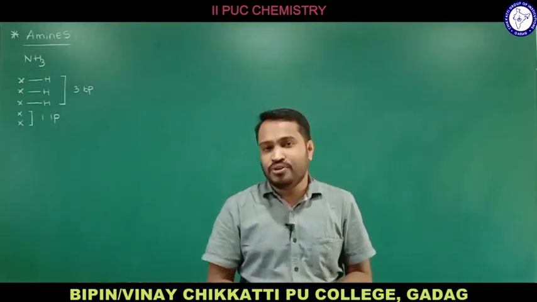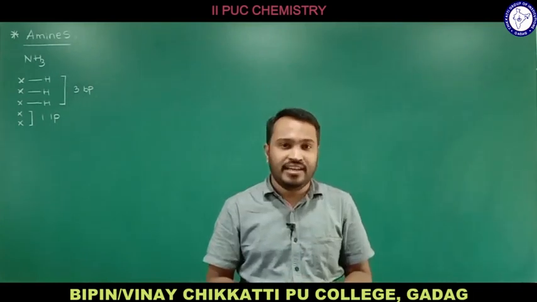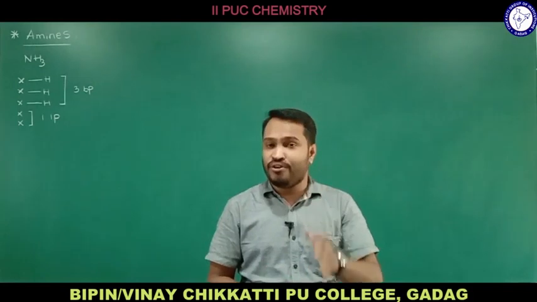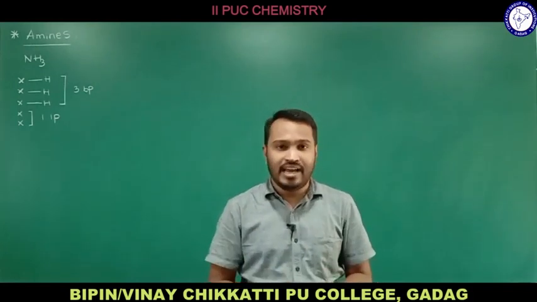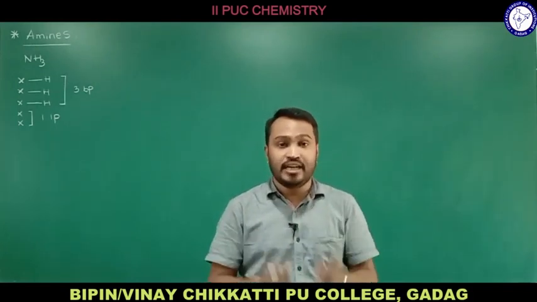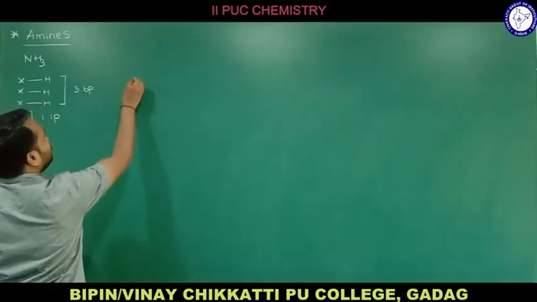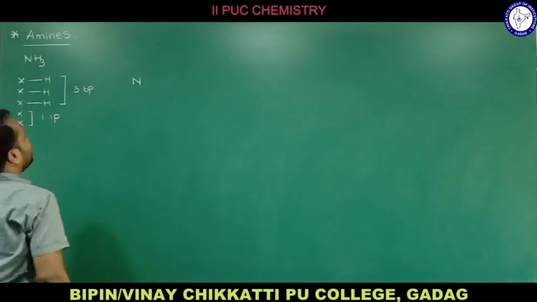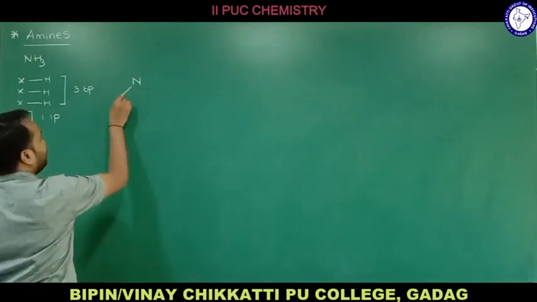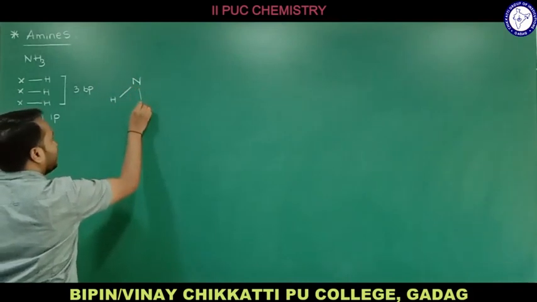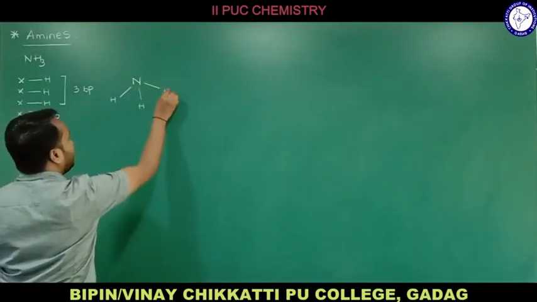So in case of ammonia, we have 3 bond pairs as well as 1 lone pair. According to VSEPR theory, if we have 3 bond pairs and 1 lone pair, the geometry of the molecule is tetrahedral and the shape of ammonia is pyramidal. How can I represent that? Nitrogen is in the center, as I represented, and we have the bonded pairs of electrons, so I am going to write the first hydrogen here, and the second one and the third one.